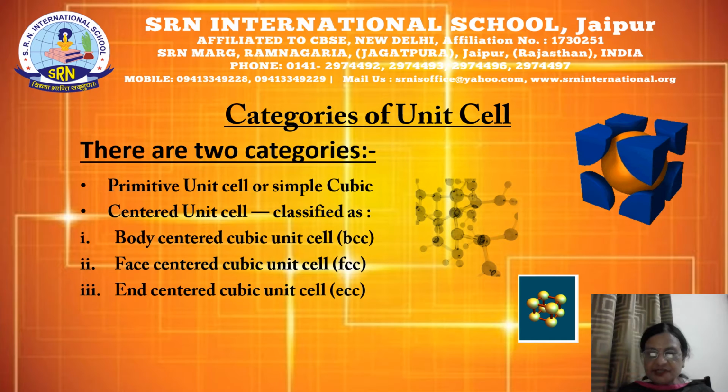In the face-centered cubic unit cell, it has 6 lattice points or particles present at the 6 faces besides the 8 lattice points present at the 8 corners. In the end-centered cubic unit cell, it has 8 lattice points at the 8 corners of the cube, and also 2 lattice points present at any of the opposite faces of the cube.